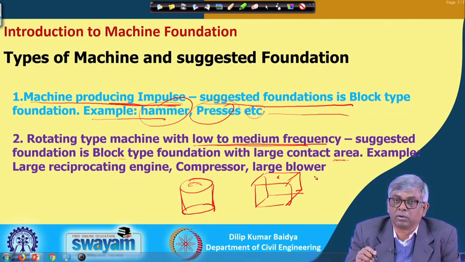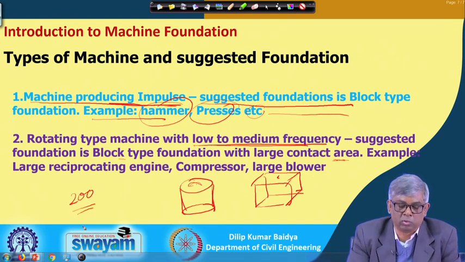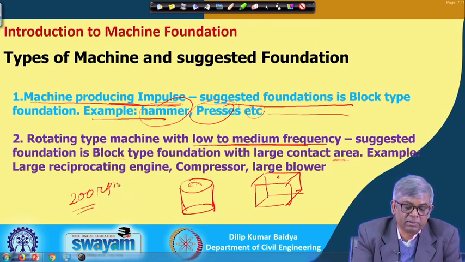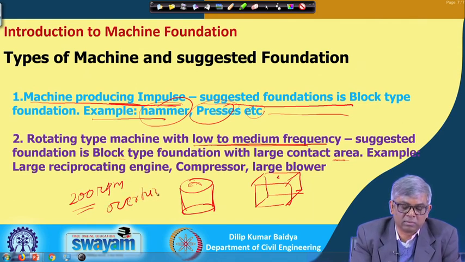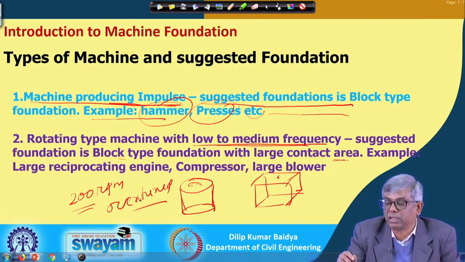When the operating frequency is low, suppose say 200 RPM, in that case we generally design overtuned. Overtuned means natural frequency high. If you want to make natural frequency high, natural frequency is under root k by m, so you have to make k by m high.